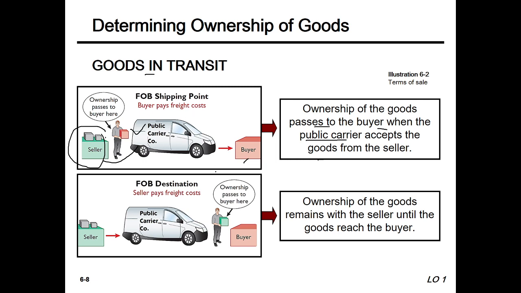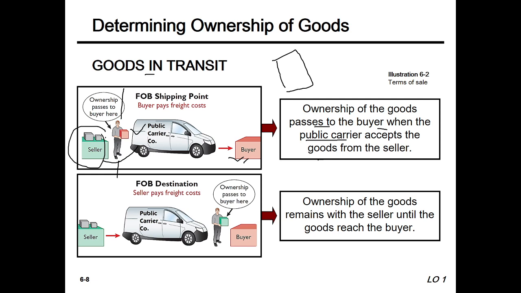So we call this the shipping point, and for these goods the buyer is responsible. That means these are buyer side goods. The buyer purchases and the seller passes the goods from this point. We call this FOB shipping point. FOB means free on board.